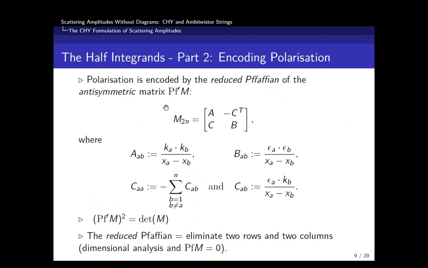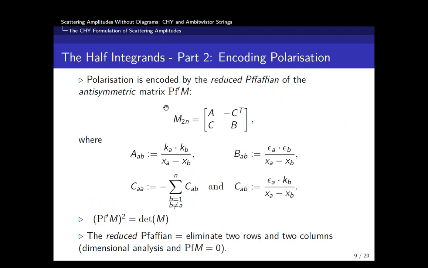And just to give you a brief sense of what the Pfaffian definition actually is, if you take the Pfaffian of our antisymmetric matrix squared, that's just going to equal the determinant of that matrix. So it's like the square root of a determinant. Again, sorry for the vague definition, mathematicians in the room. The reduced Pfaffian is the thing that we want, because due to momentum conservation and other symmetries of this matrix, it turns out that when we evaluate the Pfaffian, it's just equal to 0.